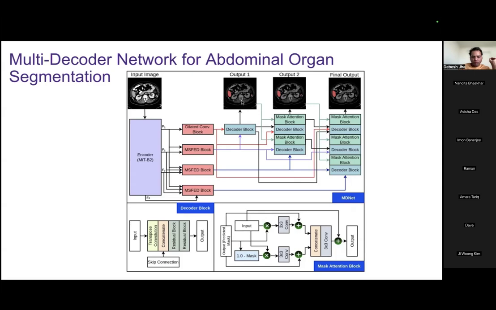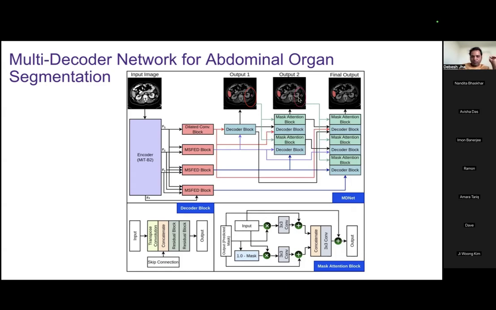You get output 1 from decoder 1. The key idea is that we get output 1, and you can see some over-segmentation here. So we use this output 1 as an input to the other decoder or network, and then we add a mask attention block here to highlight the most important regions.